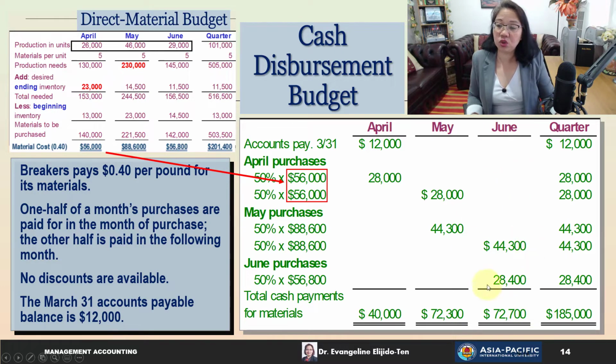In the month of June, we also need to calculate 50% of $56,800, and that would be paid in the month of June. So total disbursements expected for June should be 72,700, and for the whole quarter, we'll just total up the total cash payments for each month.